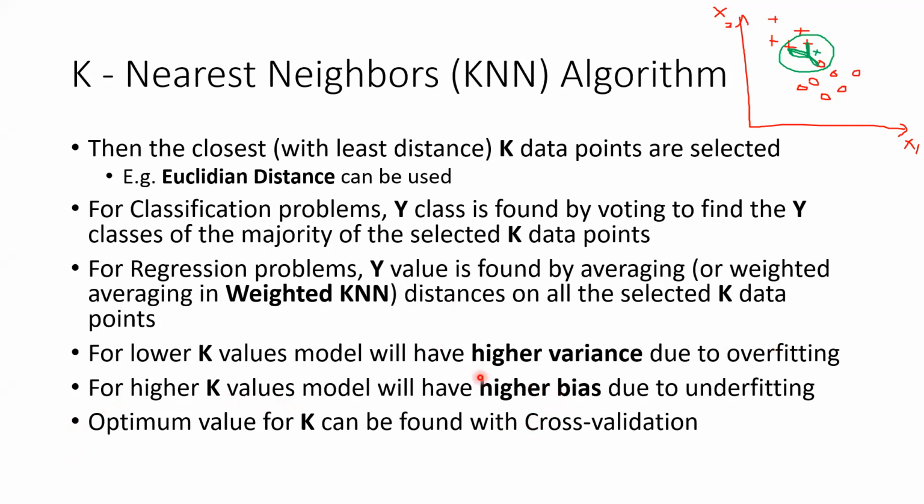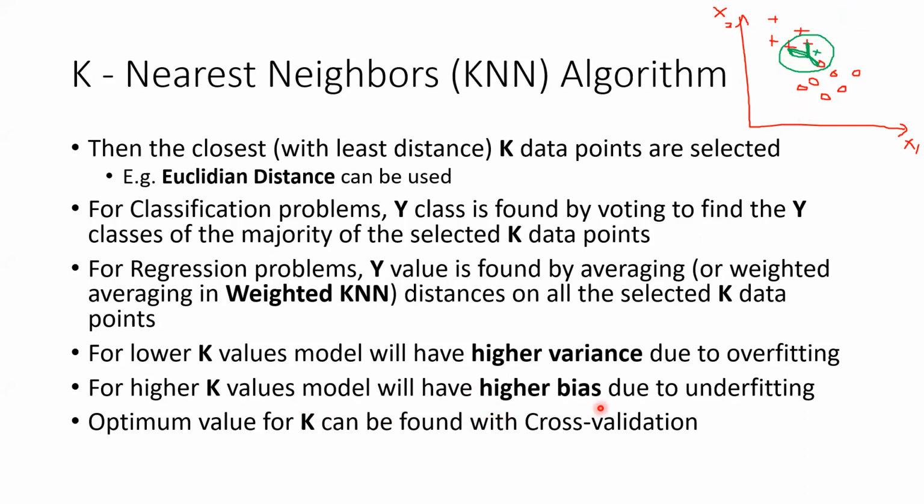If you have a higher k value, then the differences between these two classes will get diminished, right? Suppose you have a k value like 6, 7 or something like that. This would fade away the differences between the data points, because you are taking too large a domain to average or to vote.